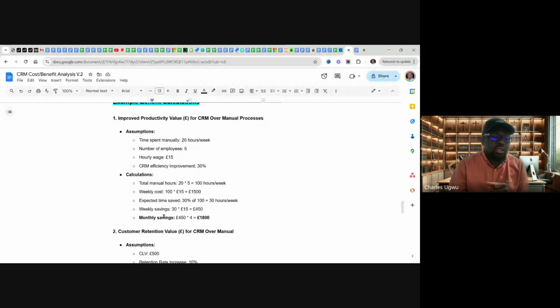So the weekly savings is 30 times $15, equal to 140. So the monthly savings is 140 by 4. So that is how we come up to this. That's the calculation here.